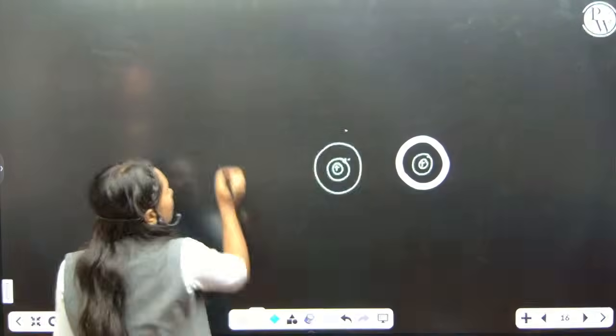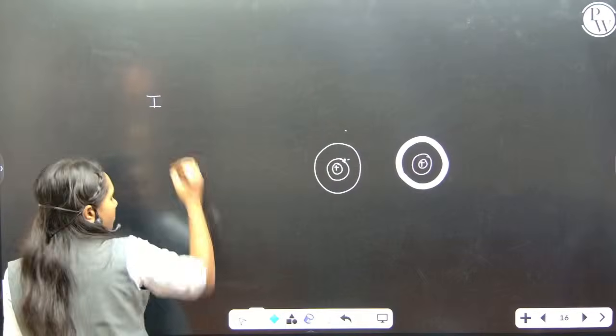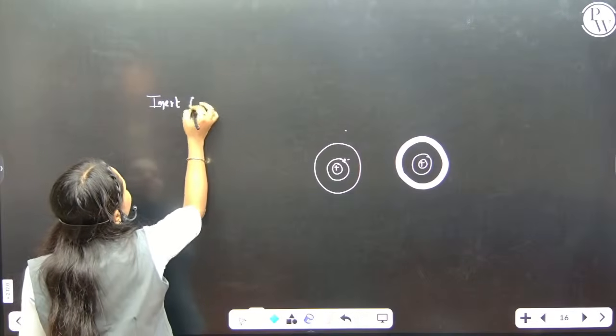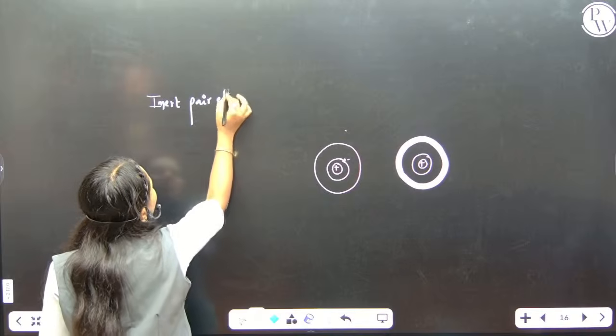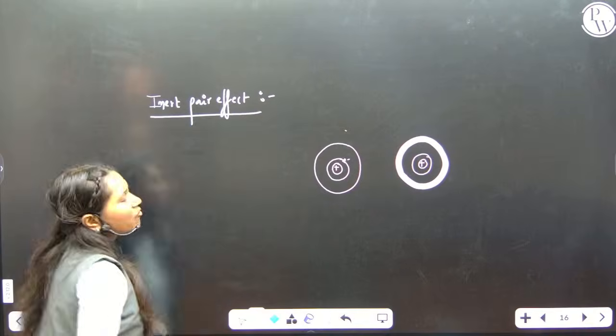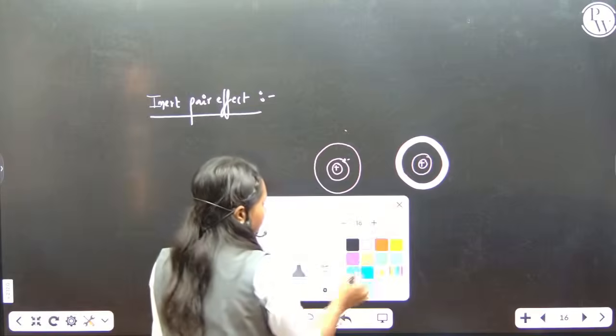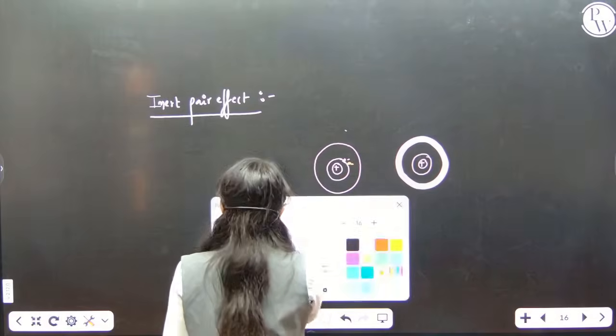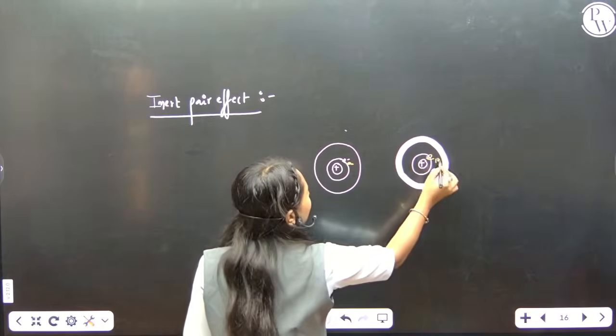Let's say this is electron A and this is electron B.